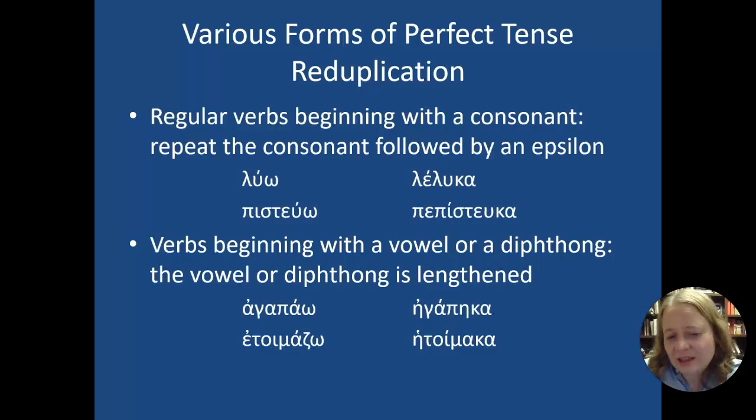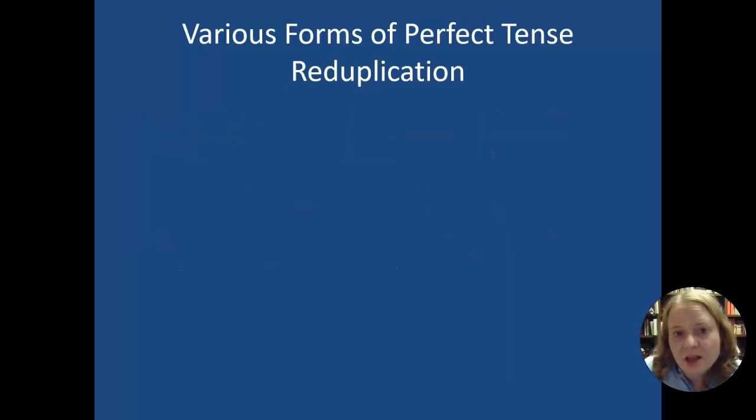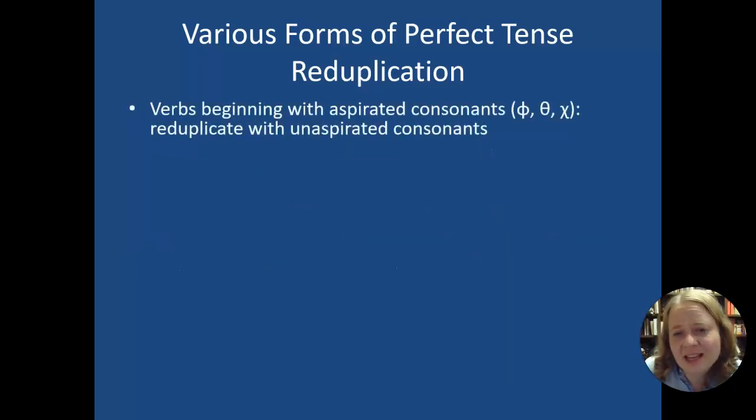Here's one you're going to get, I think, sooner than later. Etoimazo becomes hetoimaka. In both of these cases, the ka is what's going to help you recognize that you're in the perfect, not so much the doubling, because the doubling is just making the vowel at the beginning longer. Verbs that have aspiration, so that means they have an H sound with their letter, reduplicate with unaspirated consonants.